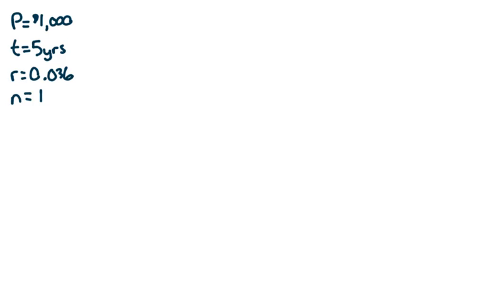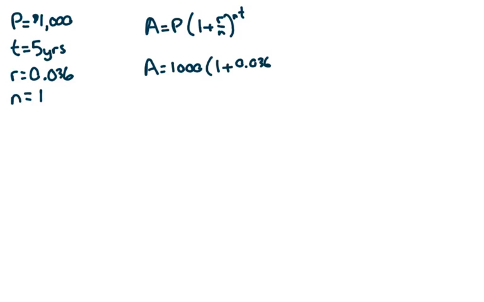So it is a little bit more complex calculation because compound interest is a bit of a more complex concept. I'll just copy out the formula. Substitute in what we know. A we don't know. P is 1,000. R is 0.036. N is 1. And in the exponent we have nt, which is n times t, so 1 times 5.